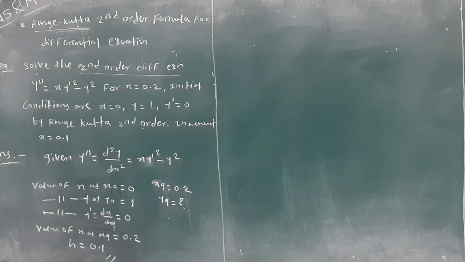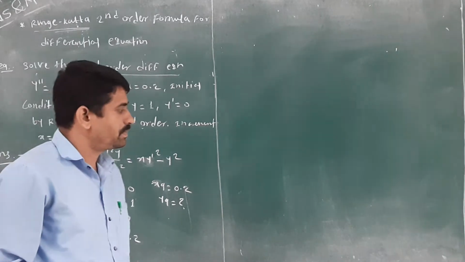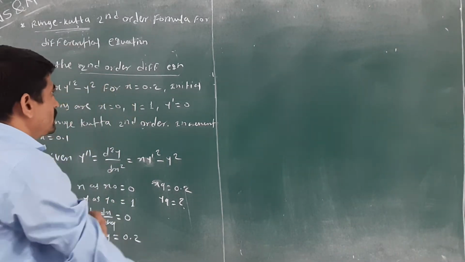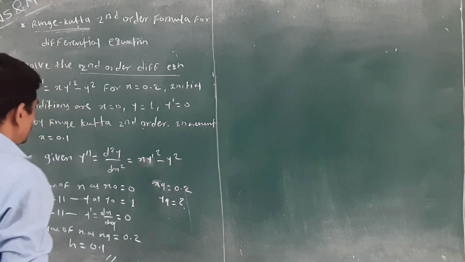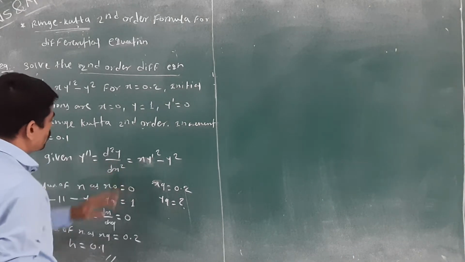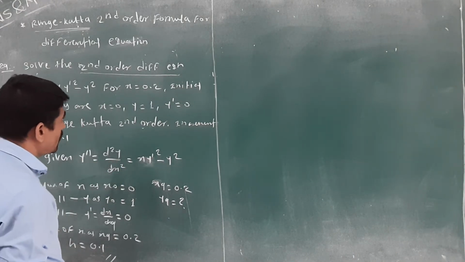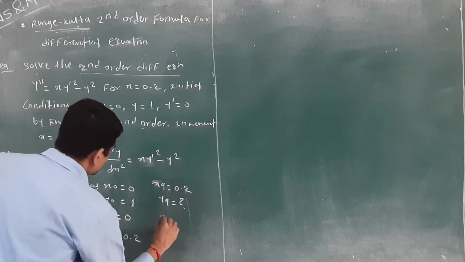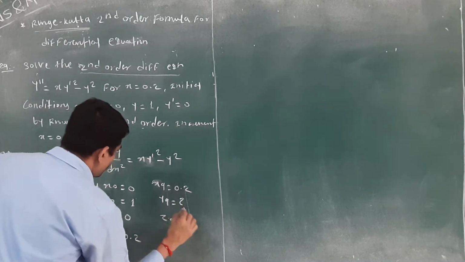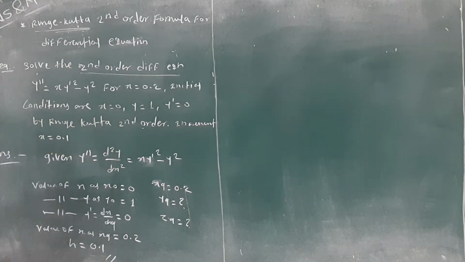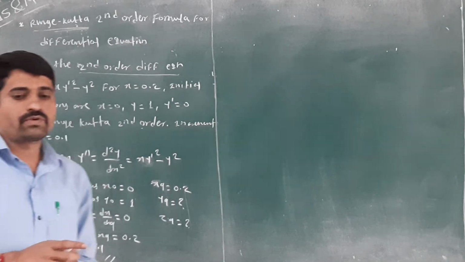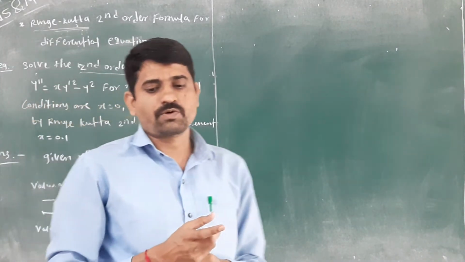We also want to calculate xg, yg, and we can say zg also. How is zg found? I will explain that. We know the second order Runge-Kutta formula, right?